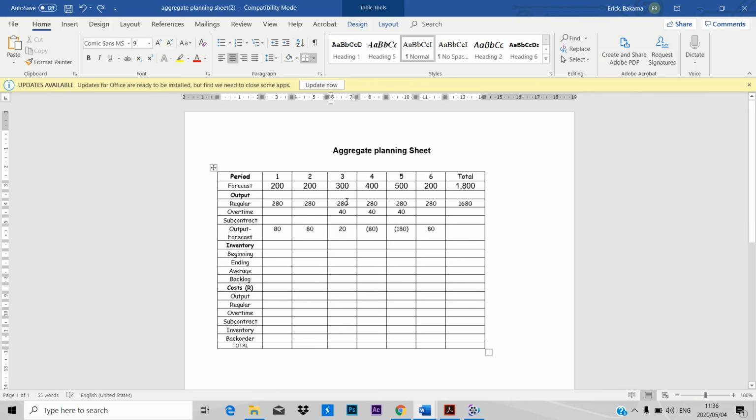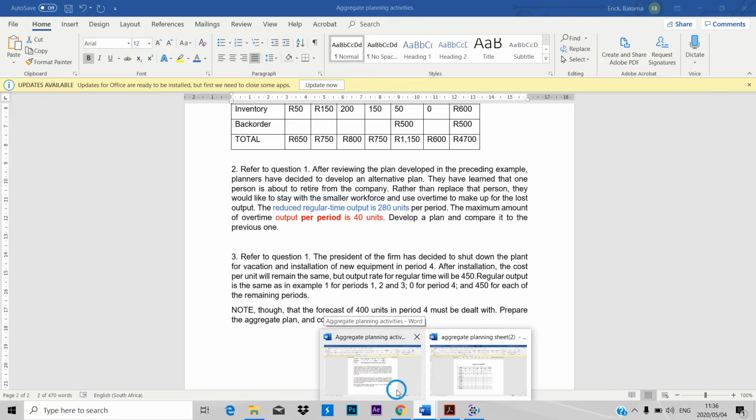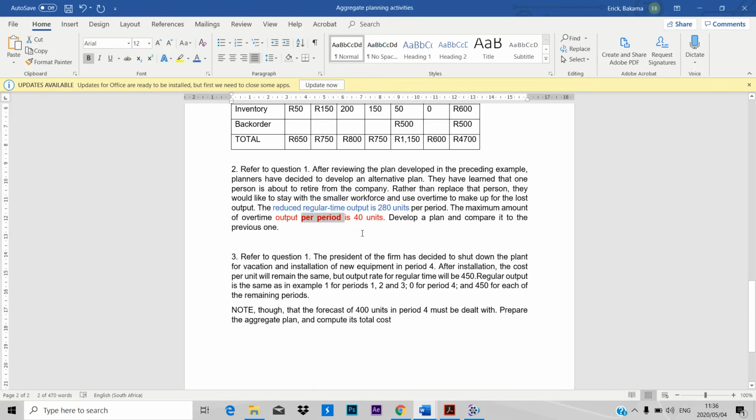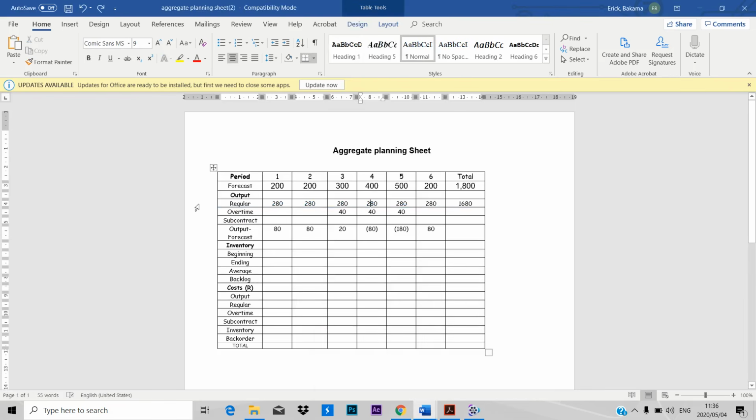It will be 20. Then we are remaining again with 20 units. So those 20 units, we will use them in the next period and so on. But this is not the case. In this exercise, we are saying that the output per period is 40. That means for every period where the regular is lower than the forecast, we're going to use 40.